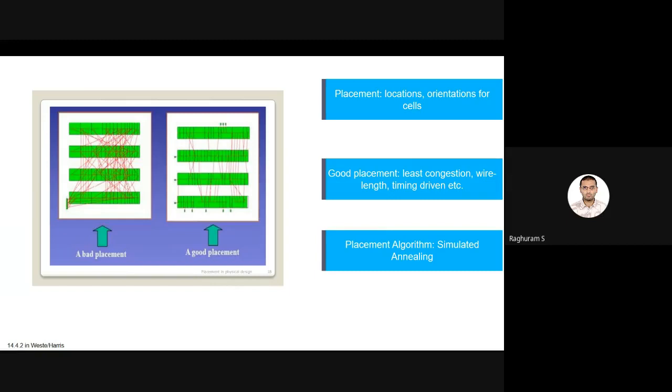So it was sort of modeled after that mechanical process, where we go from a bad placement to a good placement in steps. In each step, we do a random change and see if it is better or not. So that is one way in which we go from a bad placement to a good placement incrementally, using an algorithm called simulated annealing.